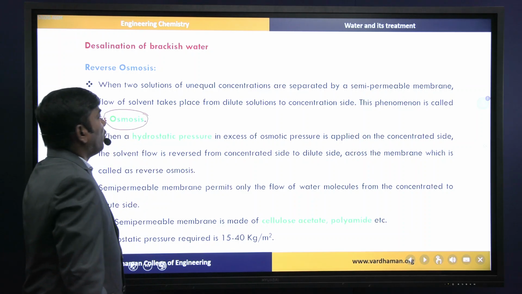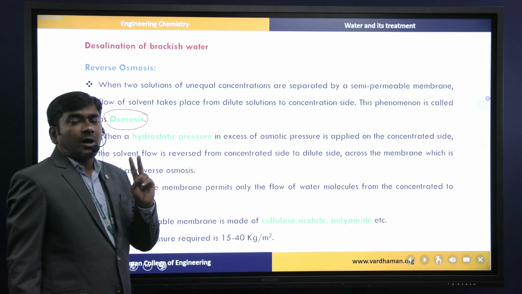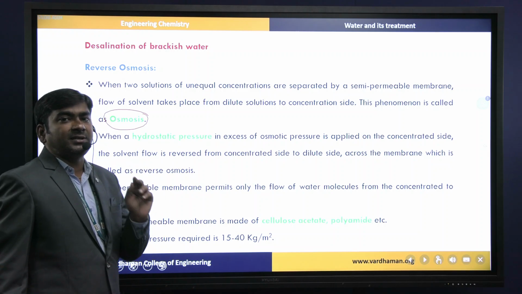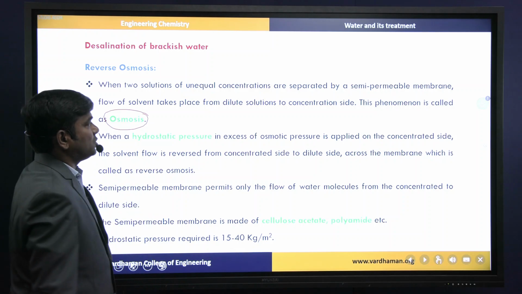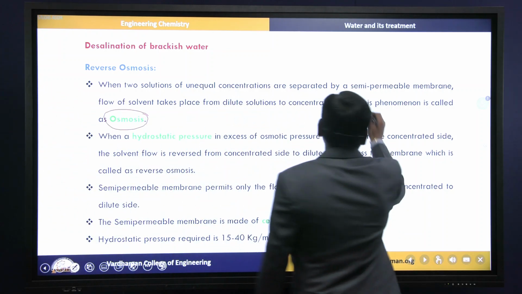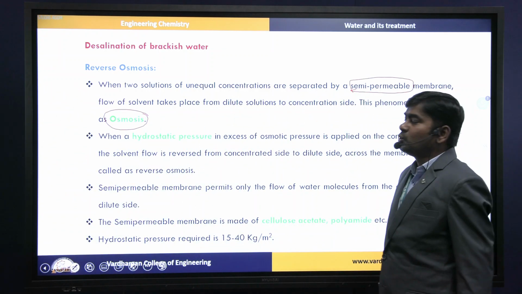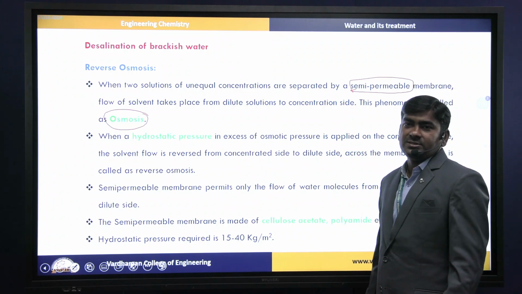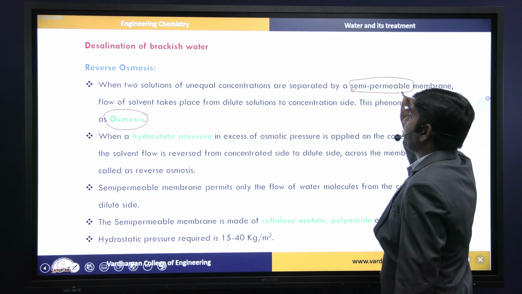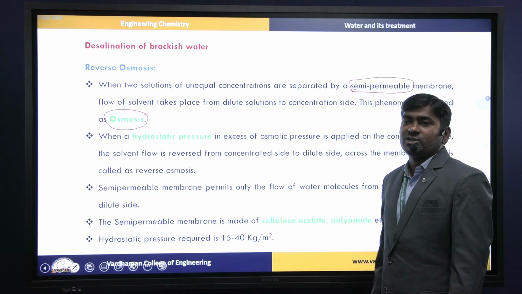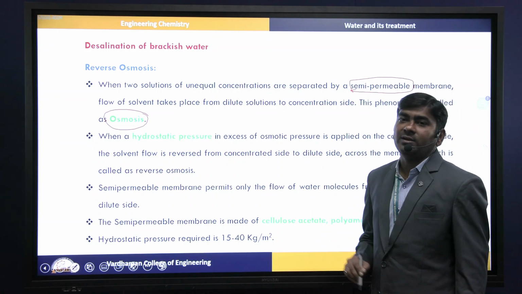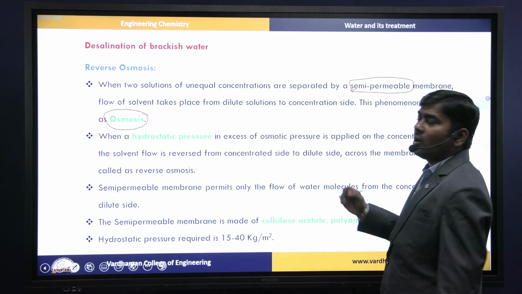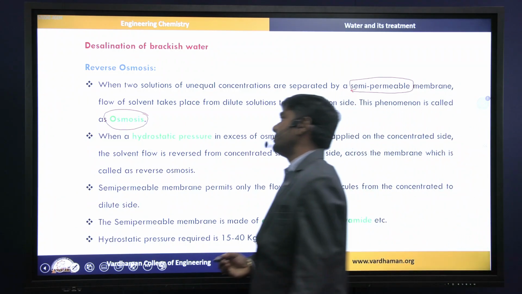Whenever two unequal concentrated solutions are separated by a semi permeable membrane, in such a case movement of solvent takes place from low concentration to high concentration.